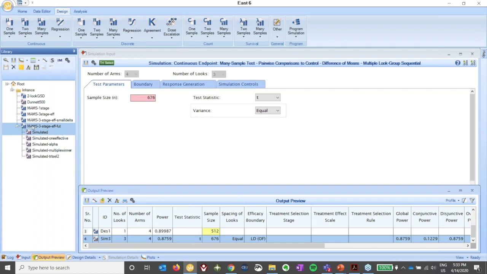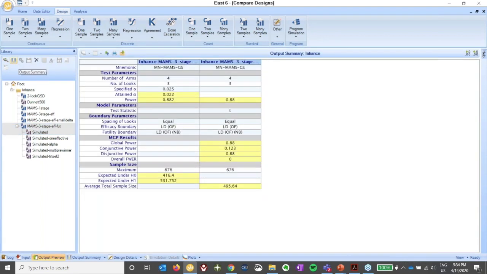So what I can do is look at the summary of the design as well as the results from the simulation, and I can look at those side by side. And the design itself told me that for the 676 subjects, I would get 88.2 power.